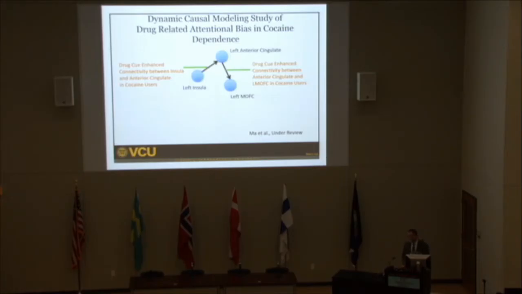So the drug cues are driving the anterior cingulate, and the anterior cingulate is driving the medial orbital frontal cortex. If I was looking for a brain region to study where the overlap is between impulsivity and cue reactivity, the anterior cingulate would be a good place to start.